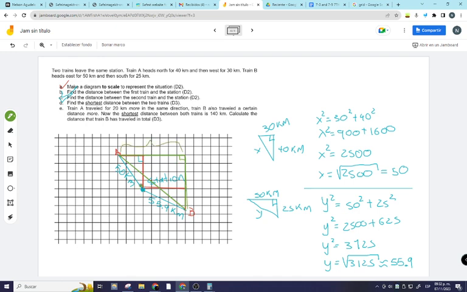Look, this was 50 and this was 30. So it's actually 80 kilometers. And this one, this was 40 and this was 25. This is 65 kilometers. Okay, now we can find that distance.